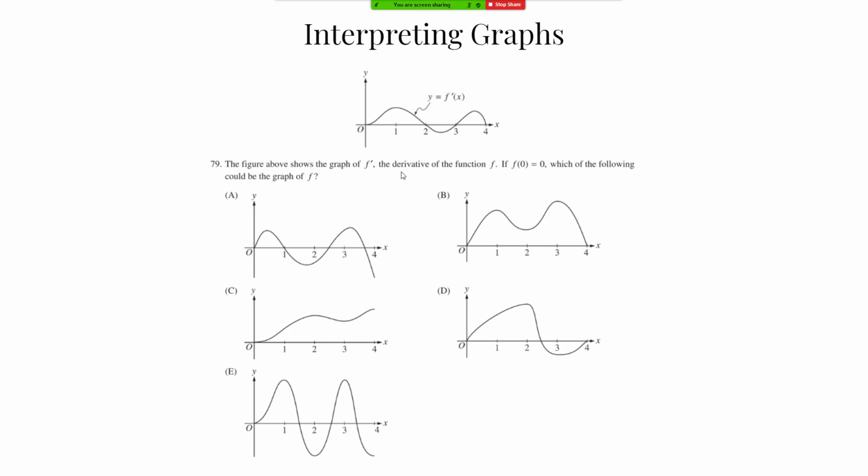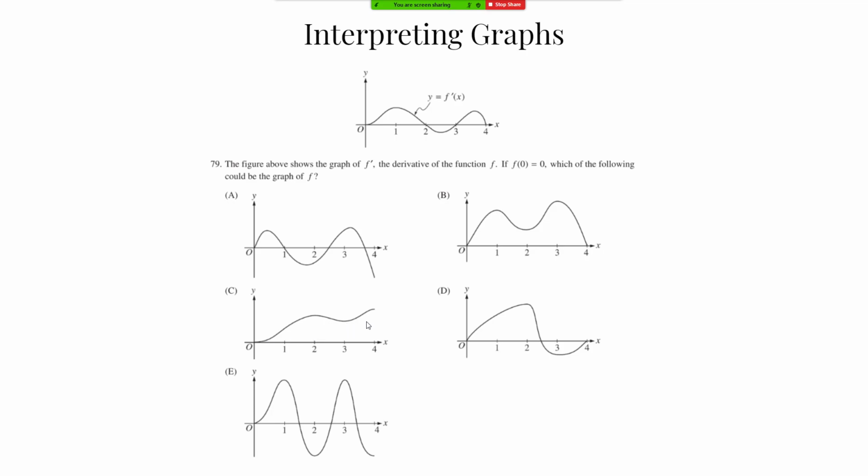All right, let's see what else we could see. You see there's technically a critical point at 0 and 4, or the derivative should be 0 at 0 and 4. So that means that the function f at 0 and 4 should be approaching like a peak or a trough.